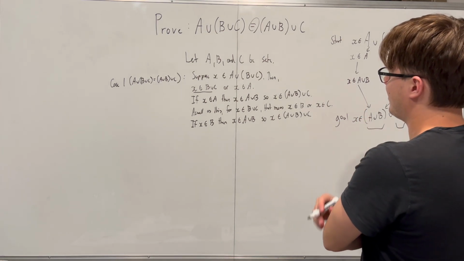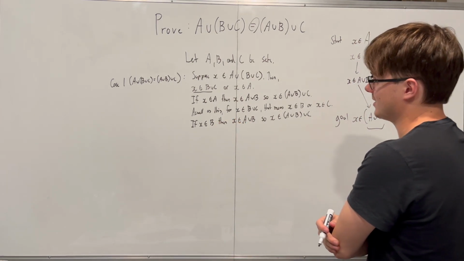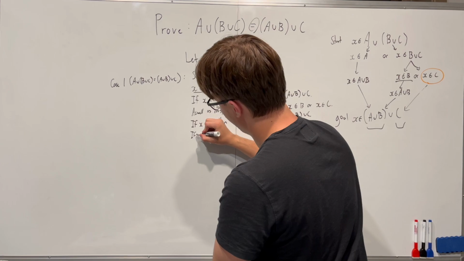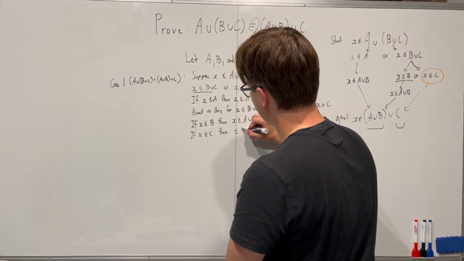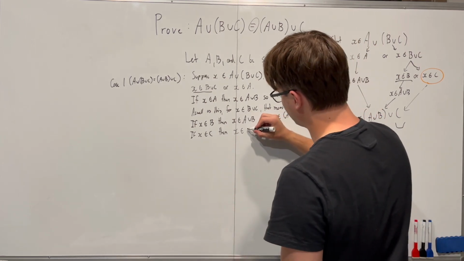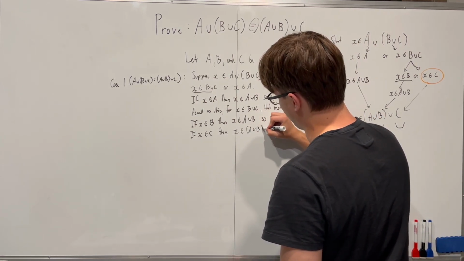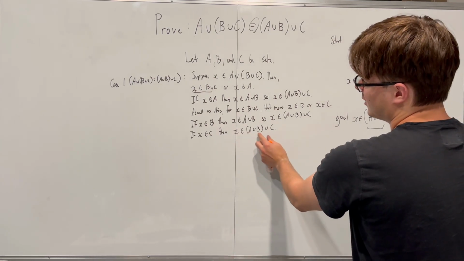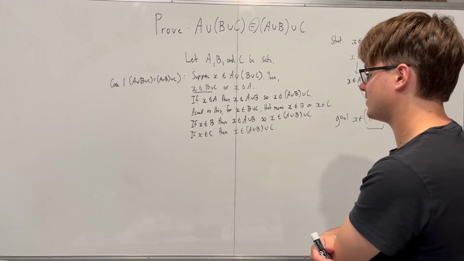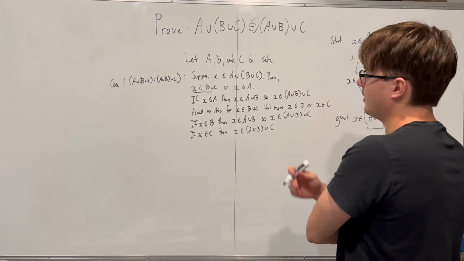Fantastic. Now we just tie the knot with explaining what happens if X is in C. So if X is an element of C, then X is an element by default automatically of A union B union C, right? We can just immediately jump to that because it just needs to be an element of one of these. And we showed that if it's an element of C, then it's going to be an element of this whole set.